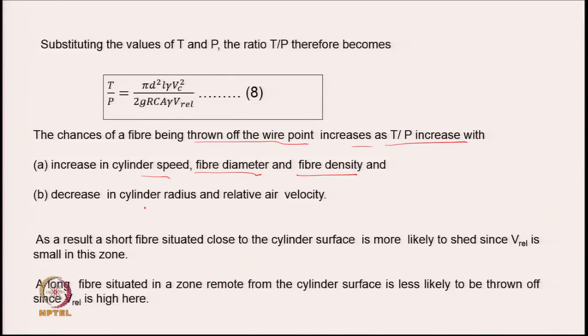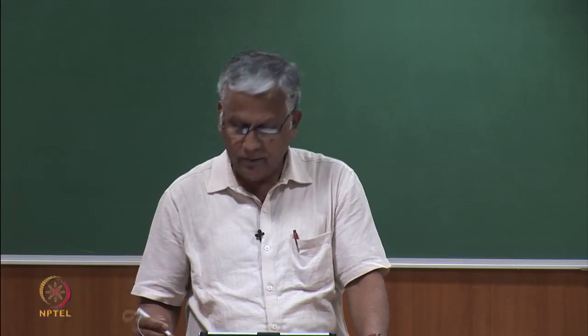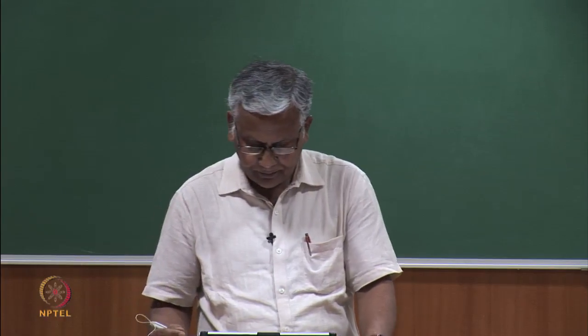Or if I reduce the cylinder radius or relative air velocity. So, this is how the various parameters are acting and deciding the possibilities of a fiber being thrown away from the cylinder or not.